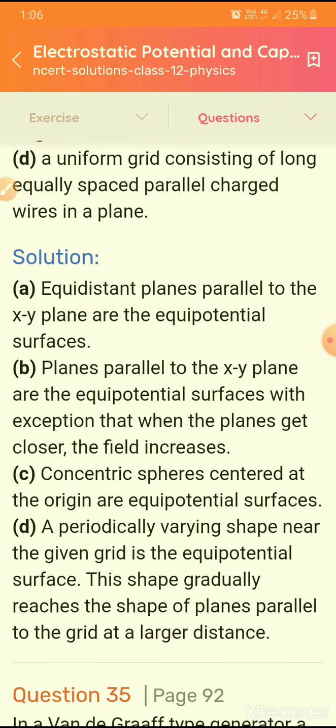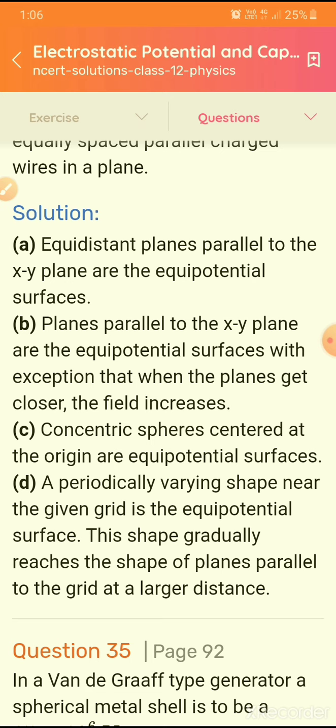So planes parallel to the XY plane are the equipotential surfaces, with the exception that when the planes get closer, the field increases. If the planes come closer to each other, the field will also increase.